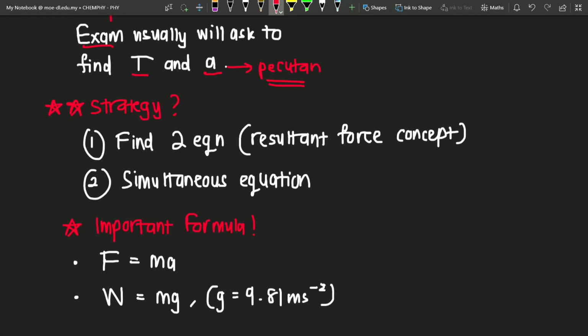First step, you guys cari dua persamaan. Find two equation. Macam contoh tadi kita dah buat, kita akan cari dua persamaan. Macam mana nak cari dua persamaan? We will use resultant force concept. Second step, you guys apply persamaan serentak, simultaneous equation. So, important formula yang kita akan guna waktu nak jawab soalan sistem takal is F equal to MA, W equal to MG. That's all.